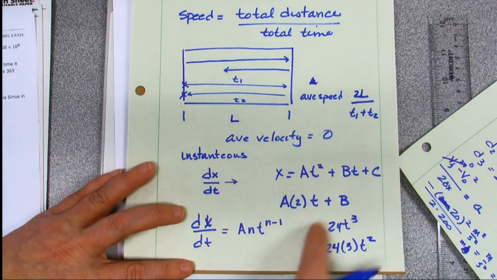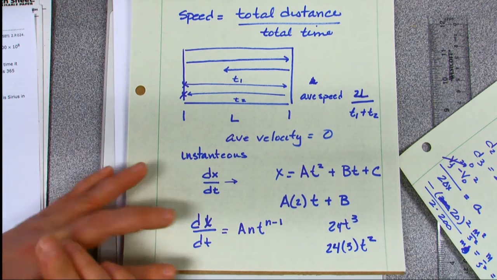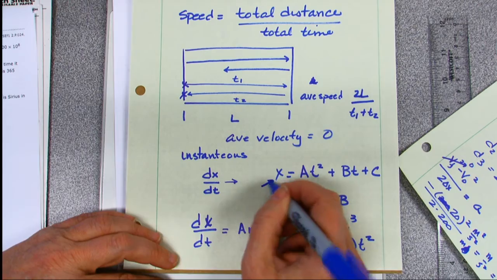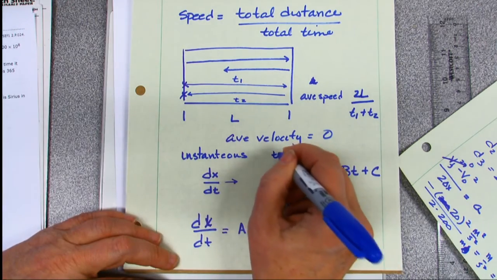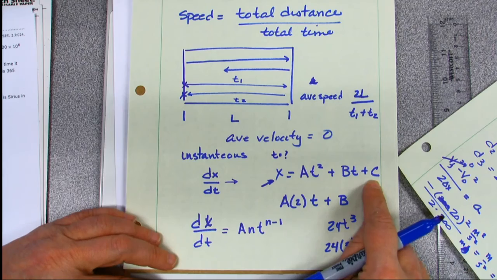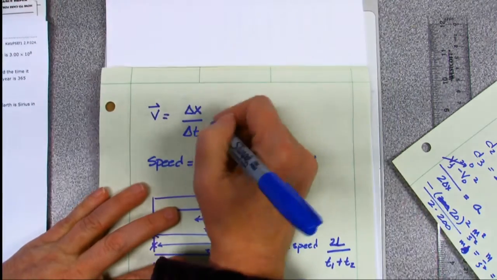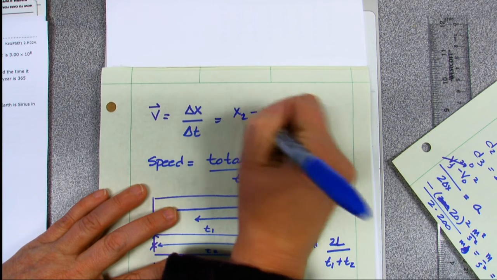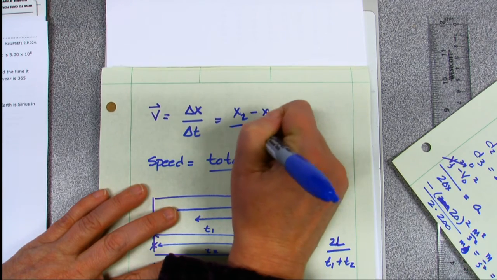And so you do have a couple of problems that have you calculate the instantaneous one. You calculate x at a time value t, plug in the number, and here's my x2, here's my x1, and here's my change in time.